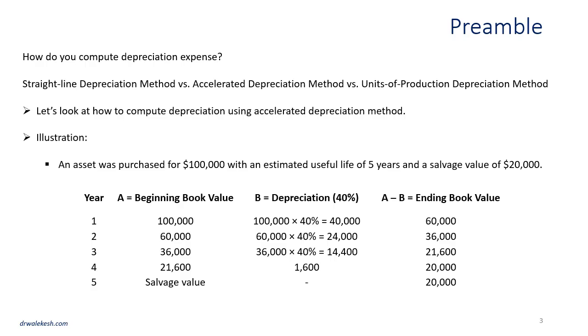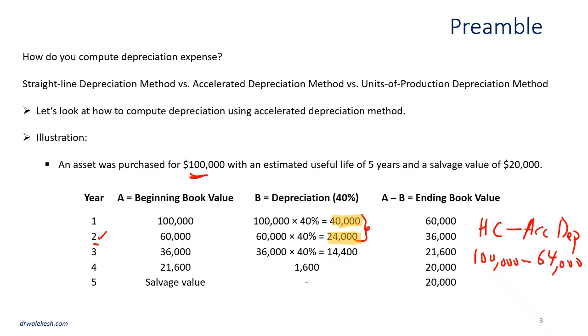To compute the ending book value for year 2, it would be the historical cost minus the accumulated depreciation. The historical cost of this asset is 100,000. The accumulated depreciation by the end of year 2 is the summation of these two, that is 40,000 plus 24,000, and that would be 64,000.